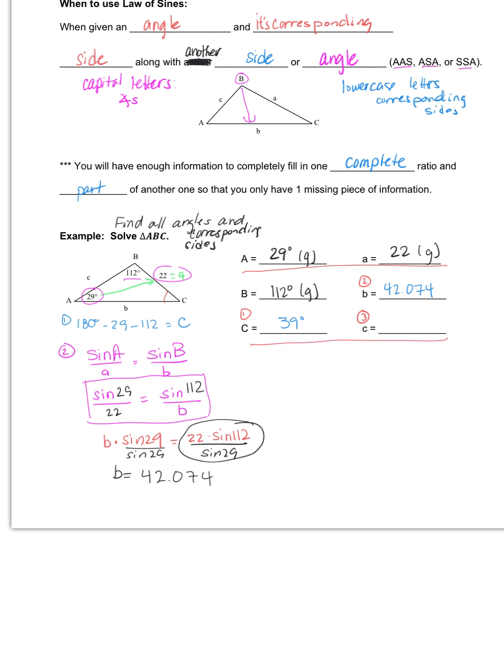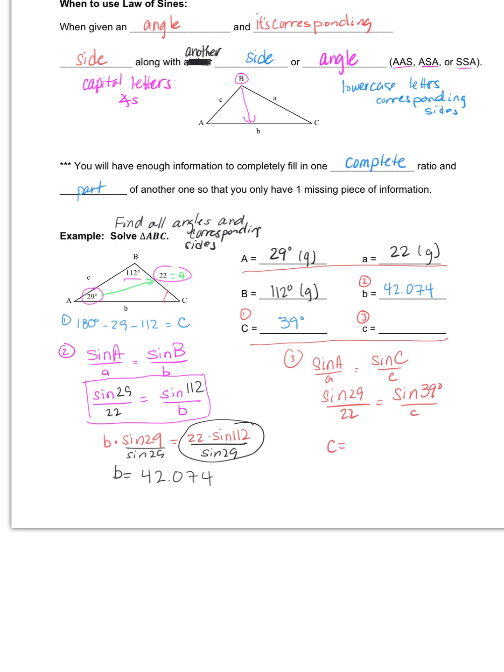So I will still have the sine of A over A, sine of C this time over C. So this is my third step, and I fill in my parts. Sine of A is 29, its side is 22, sine C is sine of 39 degrees, and the corresponding side is little c.